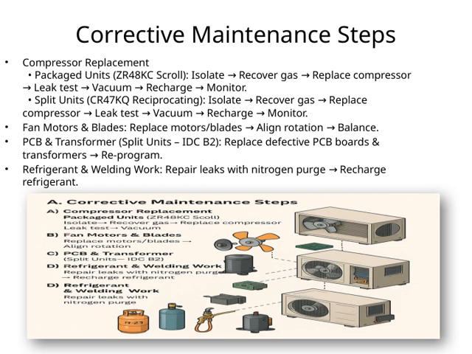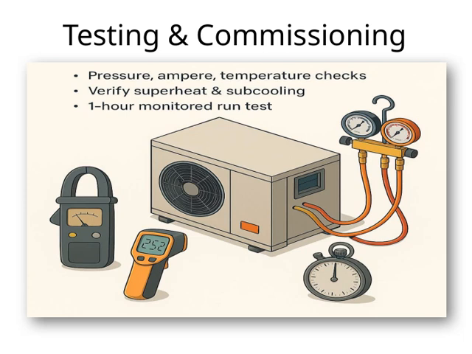Once the leak is fixed, we recharge the refrigerant to the correct levels, ensuring the system operates efficiently. All these steps are interconnected, highlighting the importance of thoroughness in corrective maintenance to keep our HVAC systems running smoothly and efficiently.